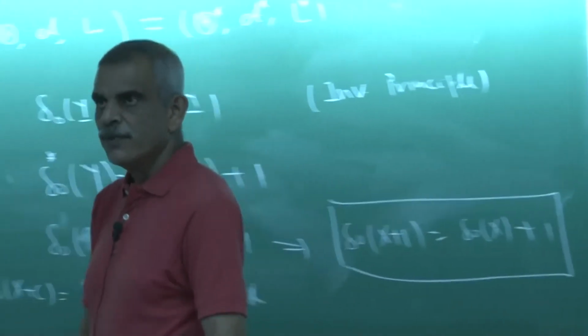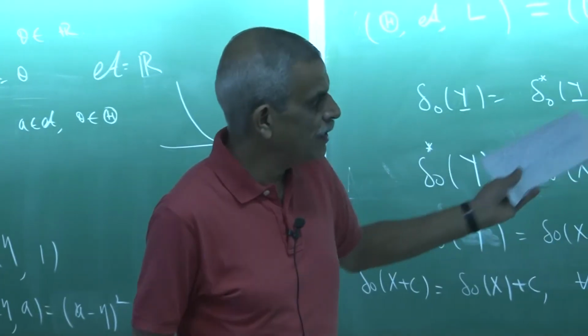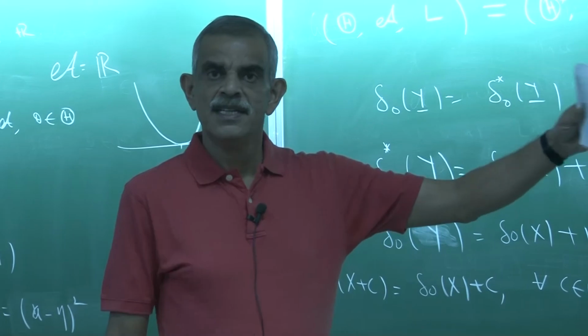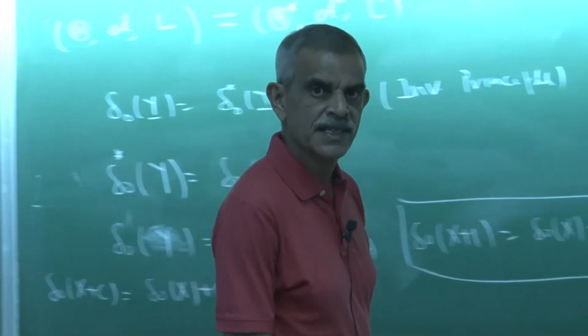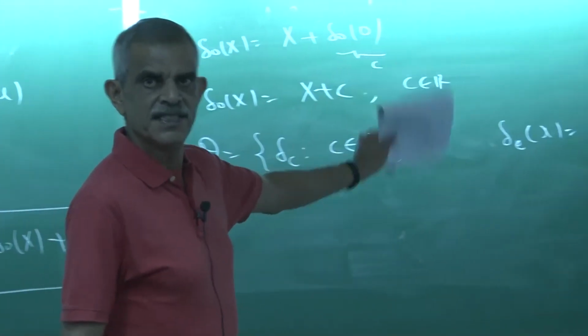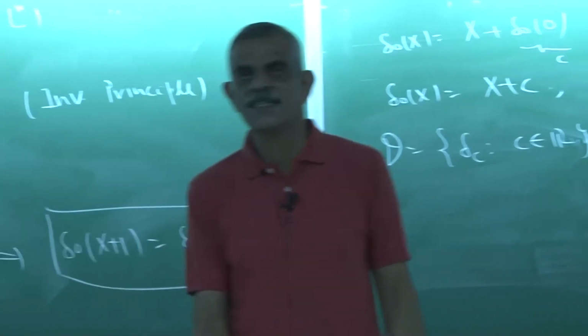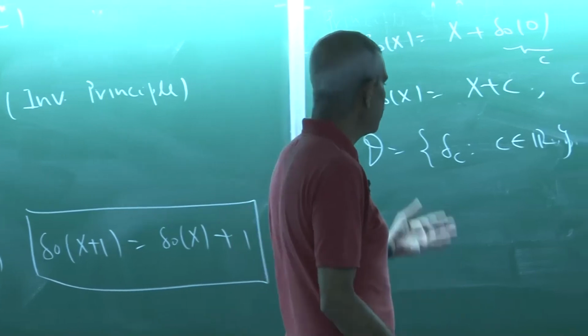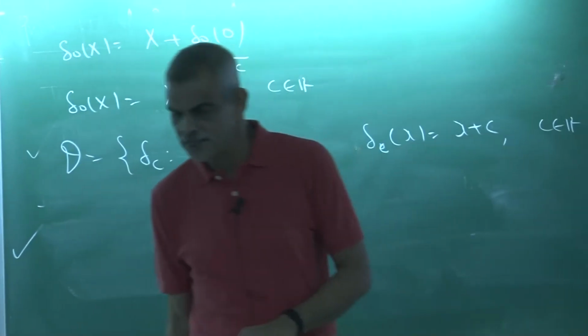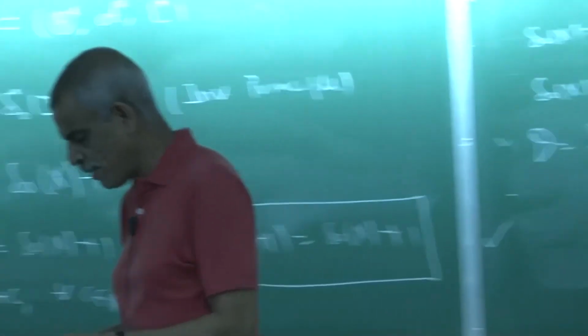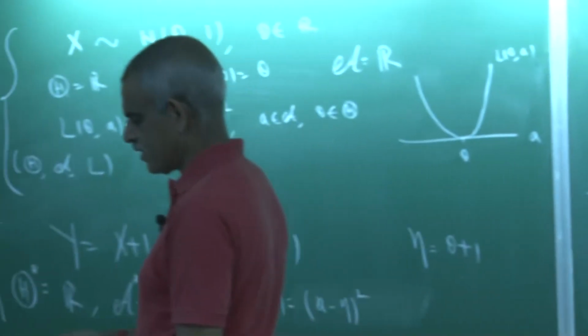Now once you are convinced that you should only consider these kinds of estimators, there is a possibility that you may be able to get a best estimator within this class. So here, the principle of invariance helps me in deducing the class of estimators under consideration. As a consequence, I may be able to find a best estimator.